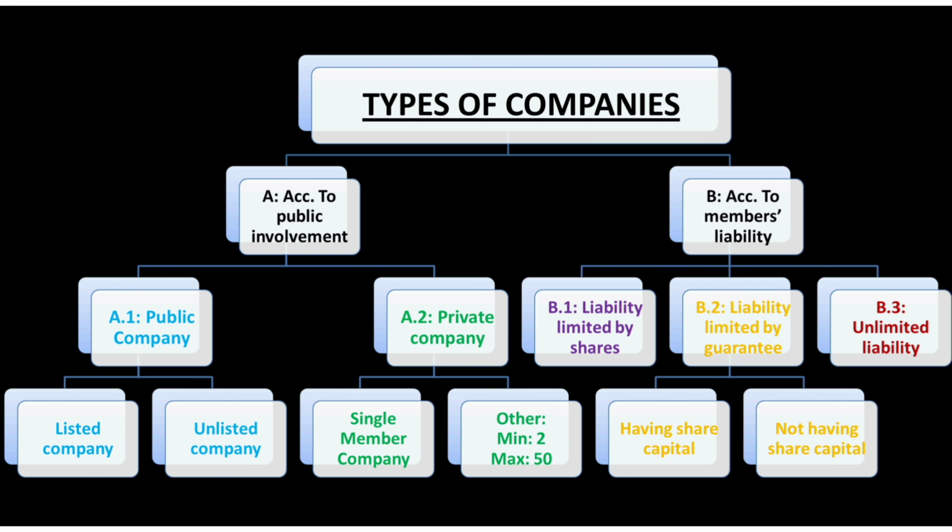So type A, that is according to public involvement, is the first type of company that we're going to be studying about. And other than this first major division, we have another type which is basically dealing with the types according to members' liability, that is it is based on members' liability.